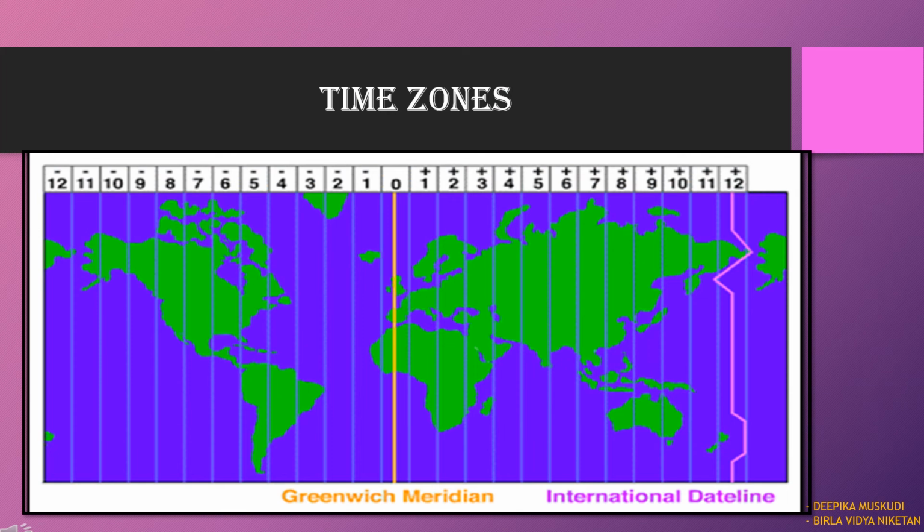India, located east of Greenwich at 82 degrees 30 minutes east, is 5 hours and 30 minutes ahead of GMT, that is Greenwich Mean Time. So it will be 7:30 p.m. in India when it is 2 p.m. noon in London.